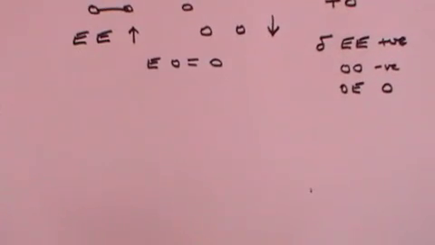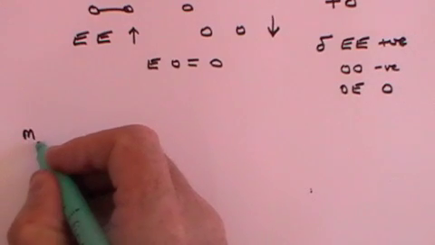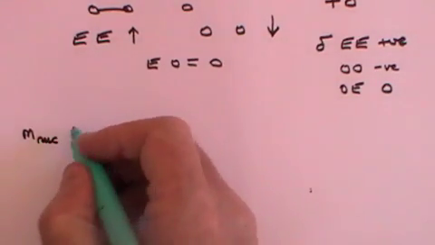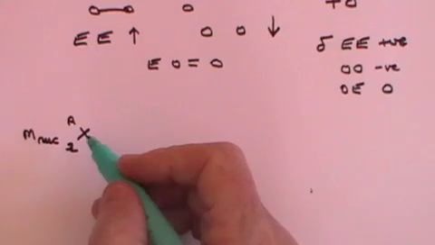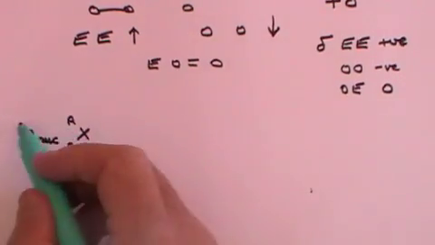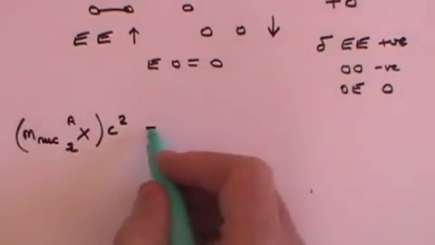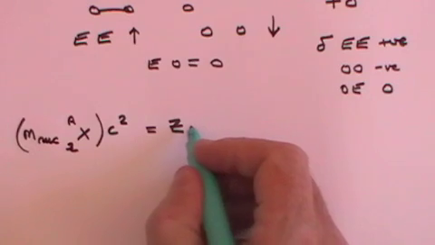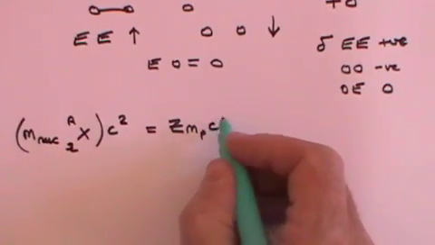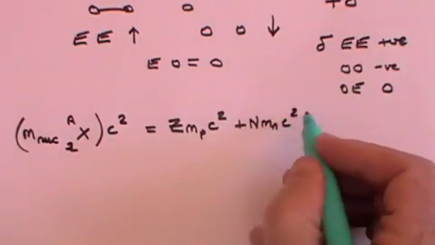So now we can go back to the basic equation we came up with right at the beginning, where we said that the nuclear mass of an atom, this particular atom X with mass number A and atomic number Z, times c squared, because that converts it into energy, is equal to the mass of the individual components. So it's Z times the mass of a proton, c squared, plus N times the mass of a neutron, c squared.